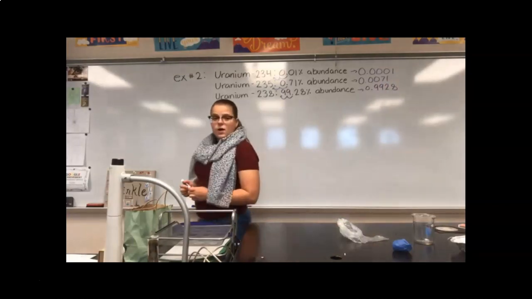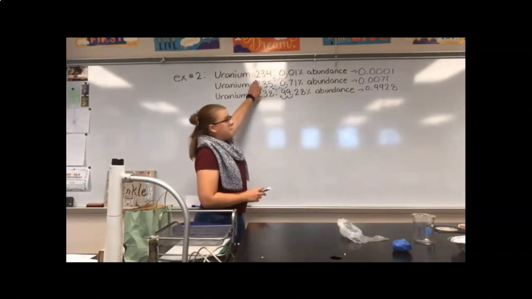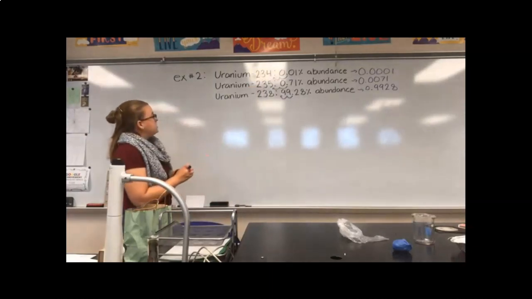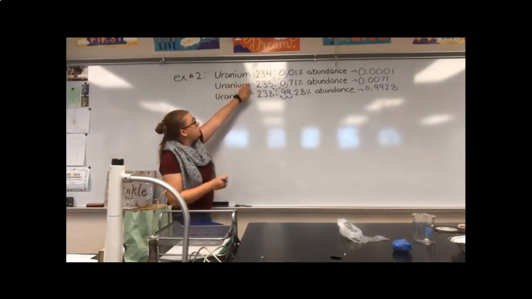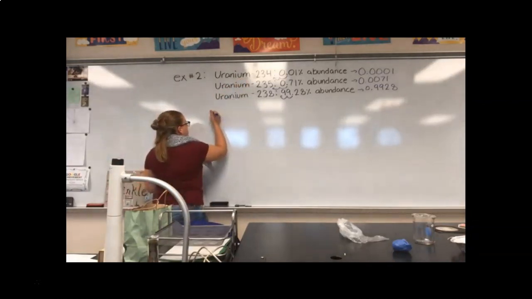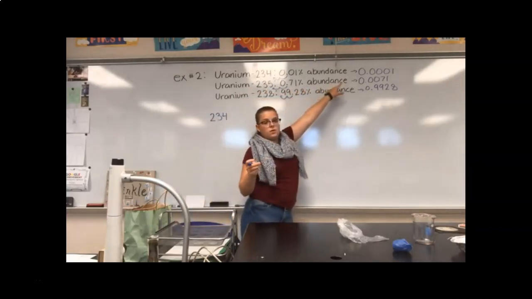Then our next step is we go ahead and multiply those abundance decimal numbers to its masses and add them all together. So our first isotope, we got uranium-234. That's the notation for that isotope. So our atomic mass is 234. So we take 234, and we got to multiply that number to that decimal number.